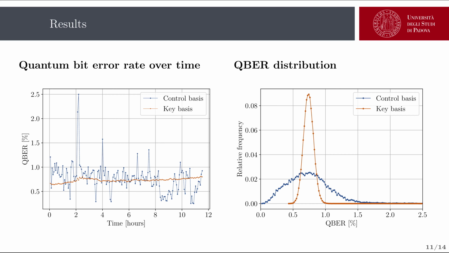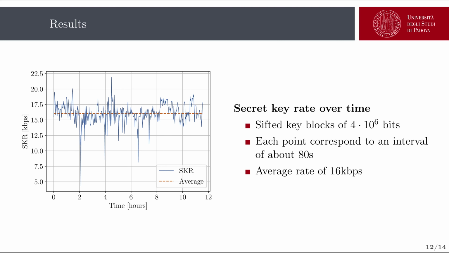It is easy to see that the QBER distribution for the key basis is sharper than the QBER distribution of the control basis. Here is reported the secret key rate over time. Each point corresponds to an interval of more or less 80 seconds, and it is possible to see that the key generation was pretty stable over the experiment time.